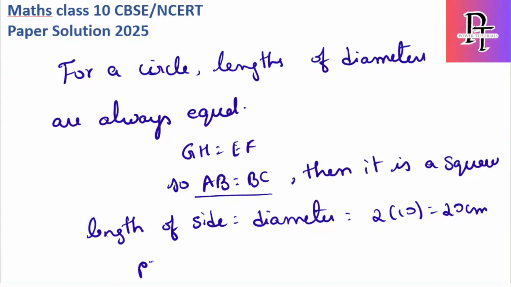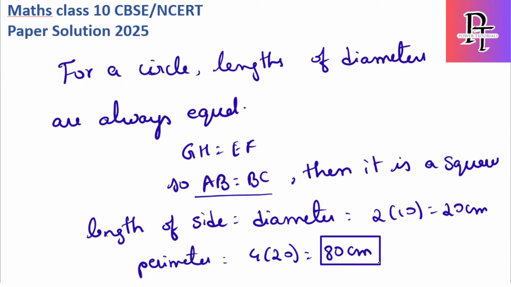What is the perimeter of the rectangle? Sorry, the perimeter of the square. The perimeter of a square is 4s, which is 4 into the side, 20. So this becomes 80 centimeters. Okay, let's move to the next one.